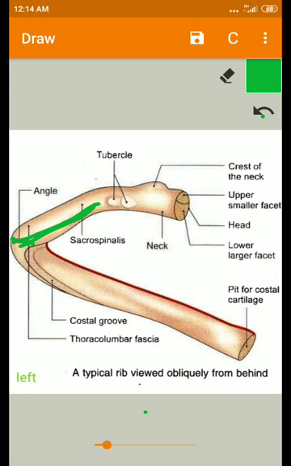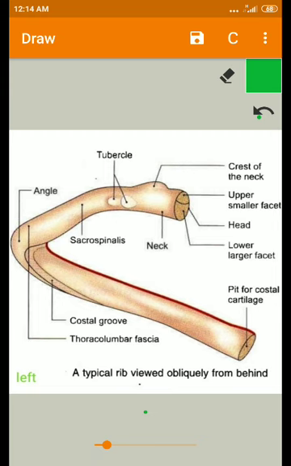It has a ridge over here, and it gives attachment to the thoracolumbar fascia and also the lateral fibers of the iliocostalis thoracis muscle. That one is a deep back muscle, iliocostalis, a part of the erector spinae muscle.